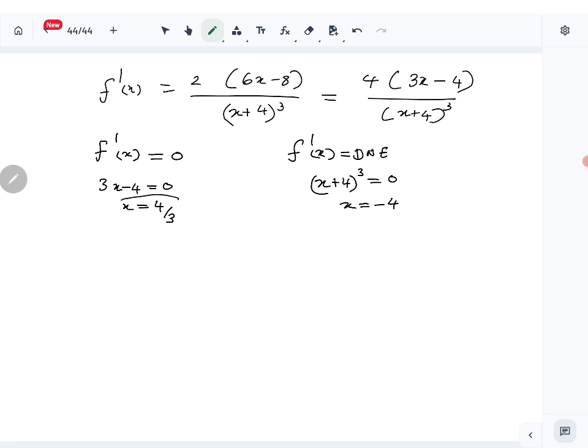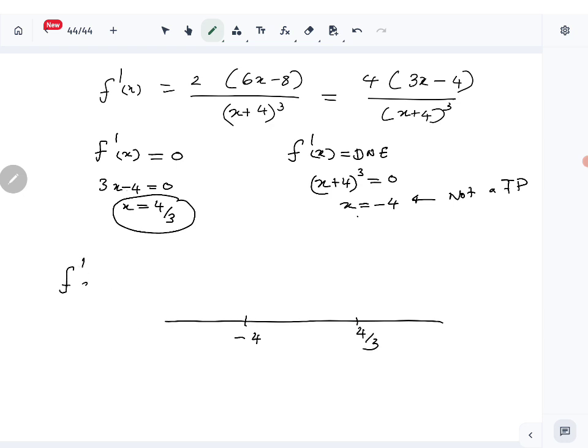And a turning point can only occur at a stationary point, so this point is not a turning point. From here you will have a vertical asymptote there. Right, so we'll break the number line using these two values, minus 4 and 4 over 3.